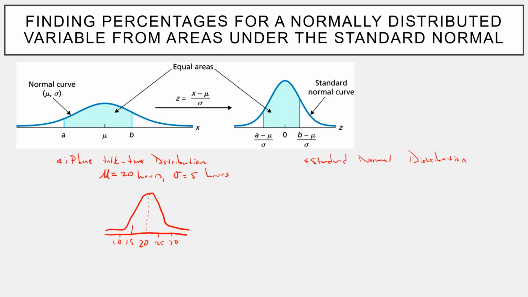Does anybody remember what the area between one standard deviation on each side of the normal curve was? If I say, how much area is between 15 and 25? Let me go back to the thing for you.